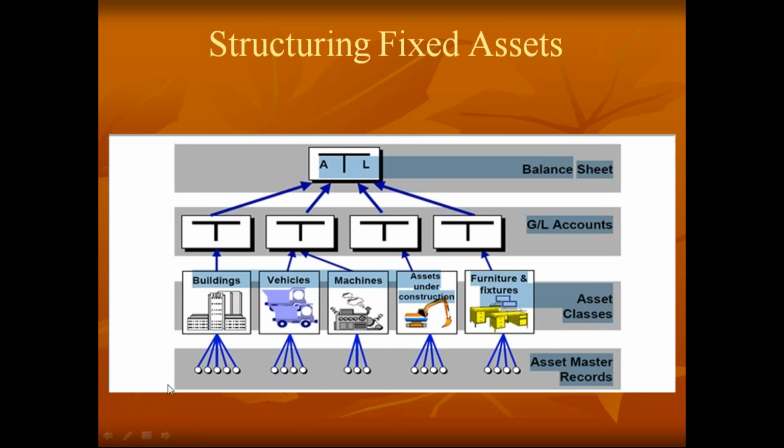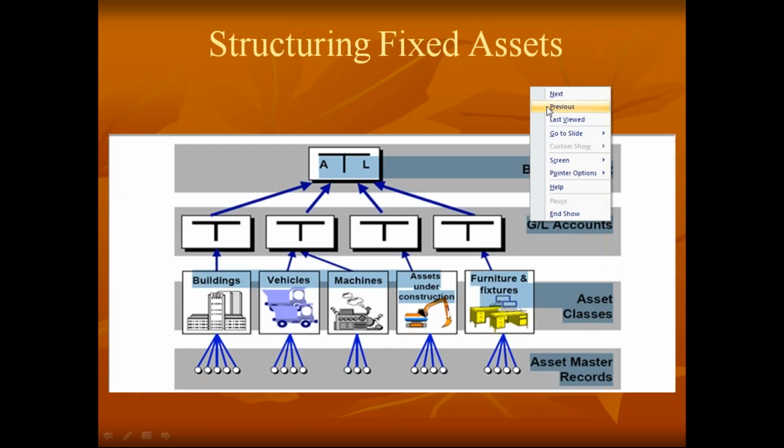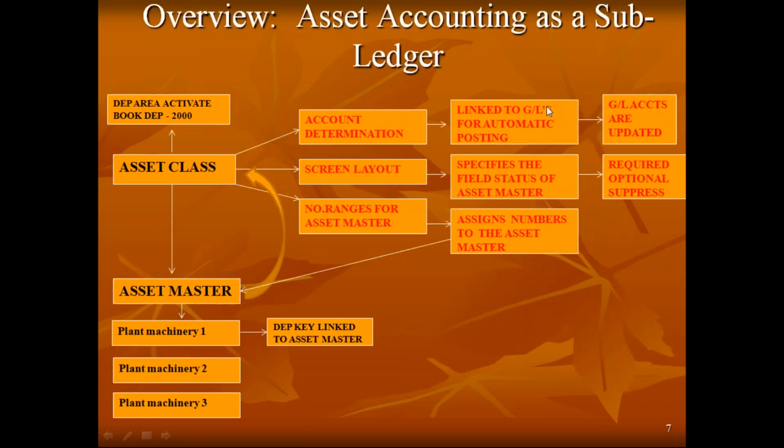The flow of transactions will always be from the master level. You post it in the asset master, it goes to the class, to the GL accounts, and finally it gets transferred to the balance sheet. Okay. But before we link this asset class to the GL account, there are some things which we have to do. So that I'll take in the previous slide.